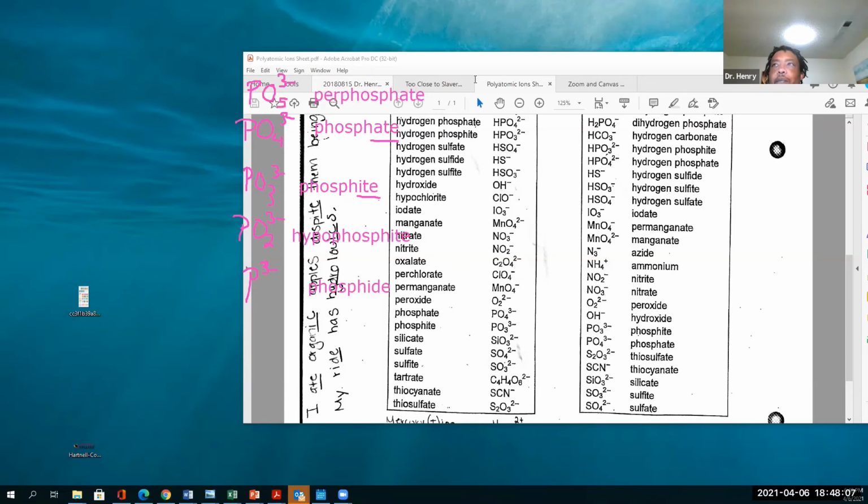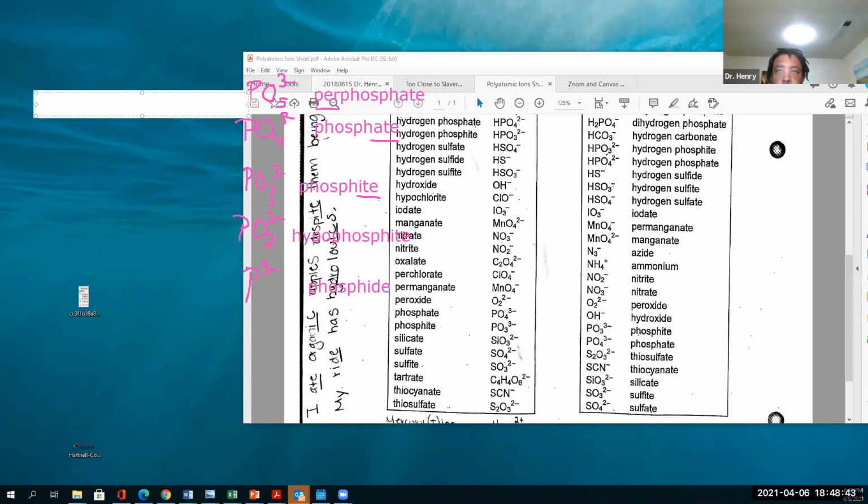So per kind of stands for hyper. That lets me know I have an extra oxygen. Now you see the trend: the charge doesn't change. The charge is the same on all of them. The only thing that's different is the number of oxygens. Are you with me? Yes.